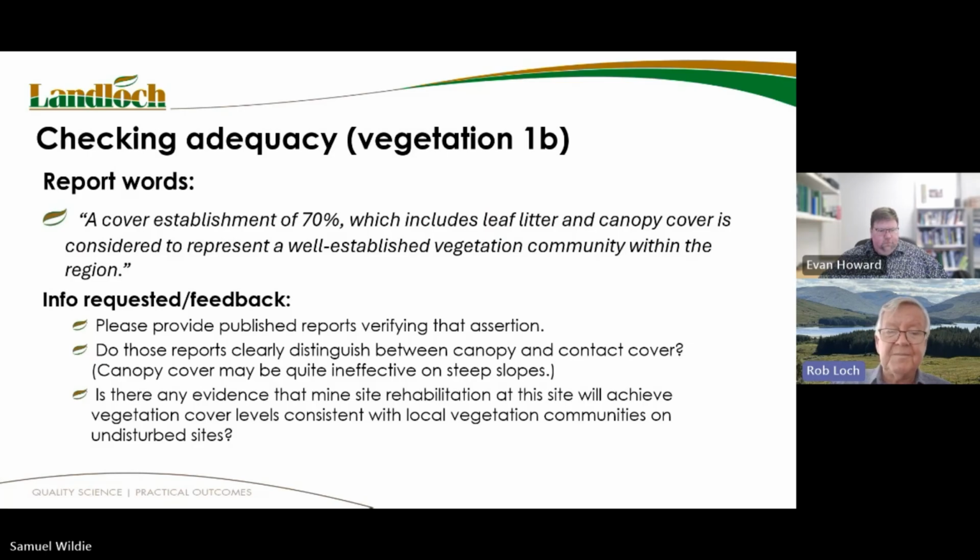Well, first response would be, please show me the evidence. First up, please give me some verification, not just an assertion. That is a red flag to anyone who's read too many reports. That immediately fires up the desire to put red pen somewhere.